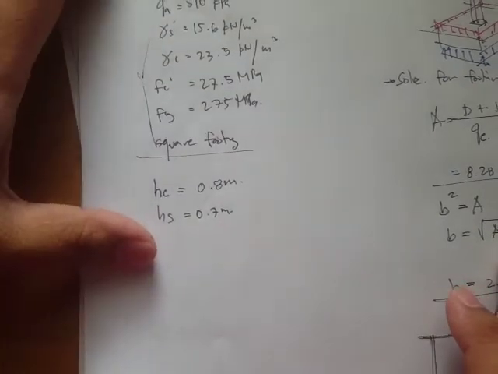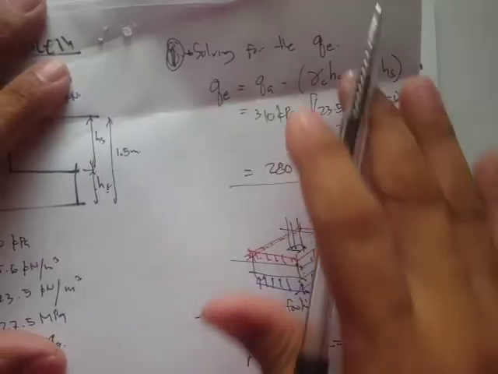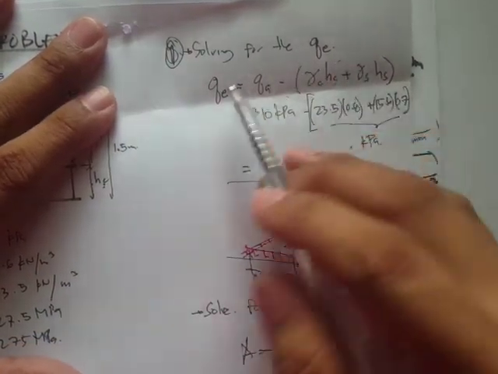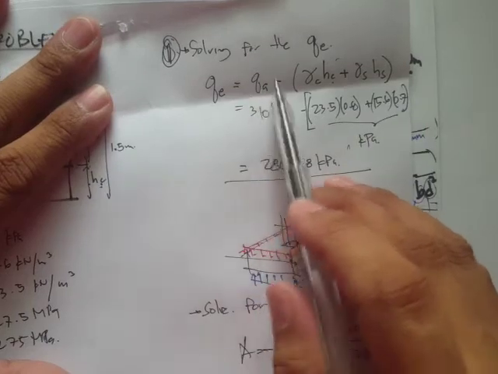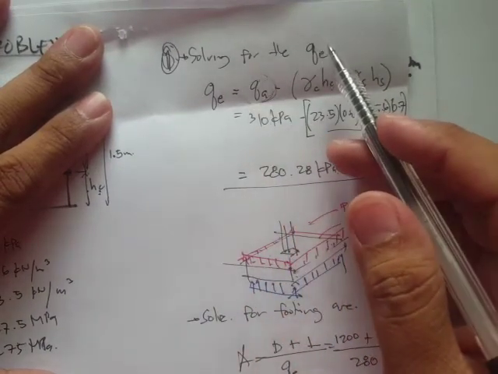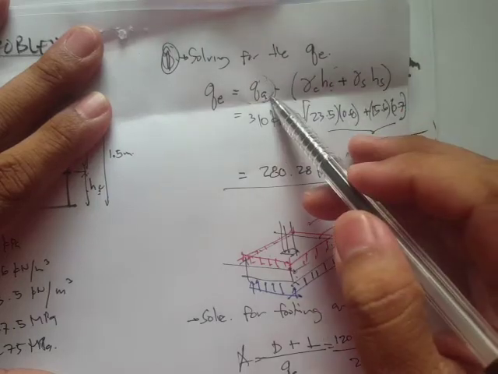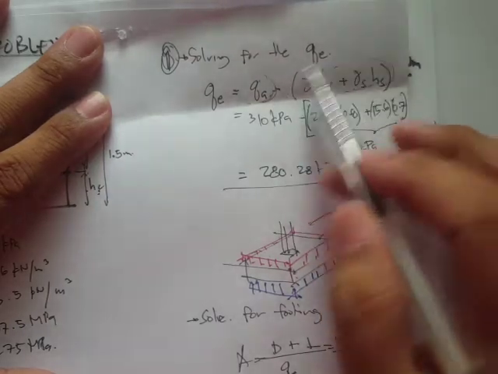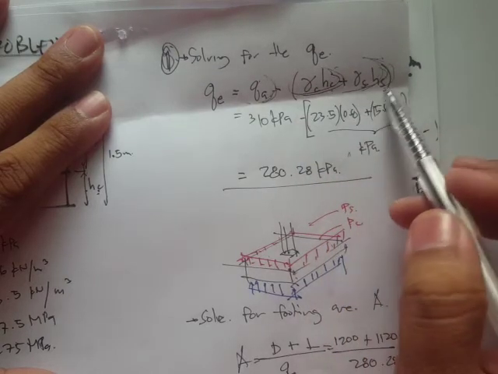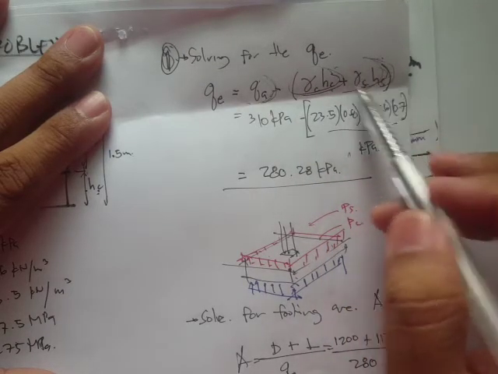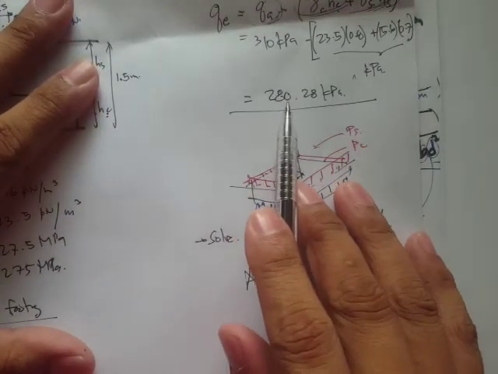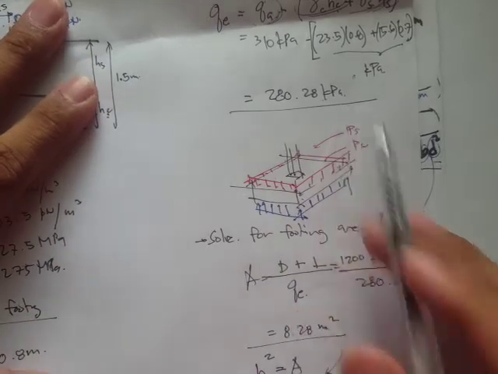So the first step is to solve for the effective pressure. The effective pressure is just the allowable pressure, which is given from the tables or from the geotechnical report. We subtract the pressure above, so the pressure of the concrete footing plus the pressure of the soil, and if we solve that, we get 280.28 kilopascals.